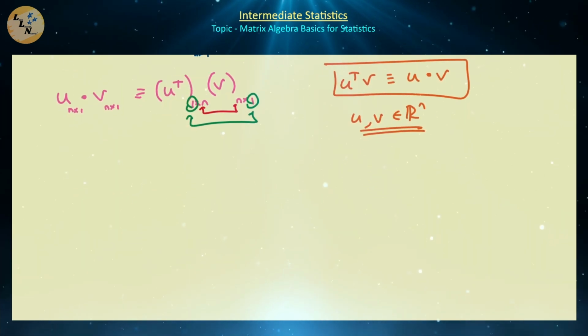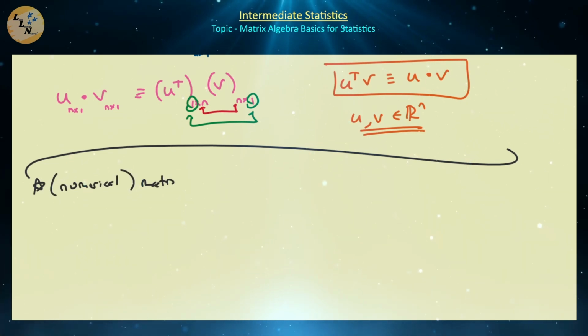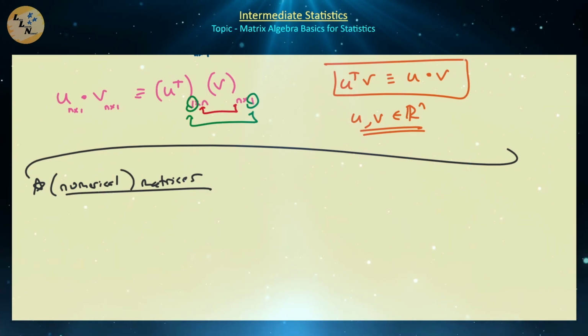The next thing I want to introduce is what we refer to as numerical matrices. There are other types of matrices aside from numerical matrices, but in the realm of statistics, most of the time matrices are just going to be a block of numbers. So a matrix is going to have m rows and n columns.